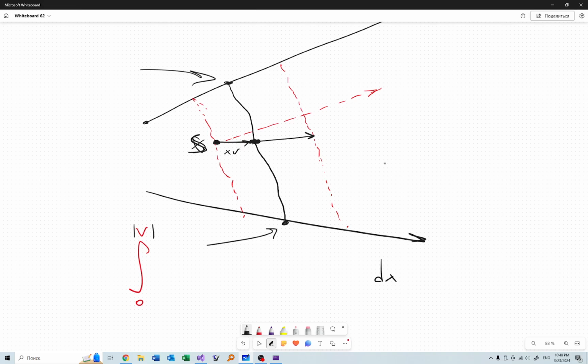How do we find, for example, this point, T? If we know that this point is, I don't know, K. We know that TK is perpendicular to N. And also we know that if we take this direction, which is gamma prime, and this point C, then CT is perpendicular to gamma prime.